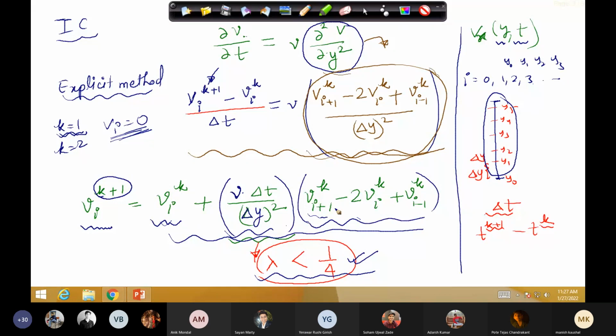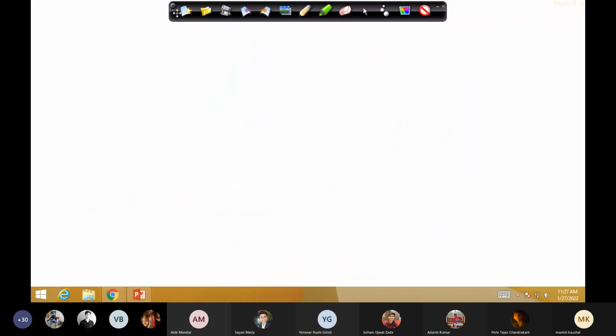So let's write it here. Let's say we are writing it for I equals to 2. I is my space domain and k is my time domain, so this is for y and this is for t. I agree with you, let's write it so that everything will be clear.